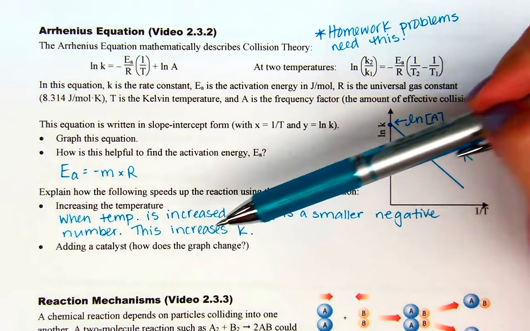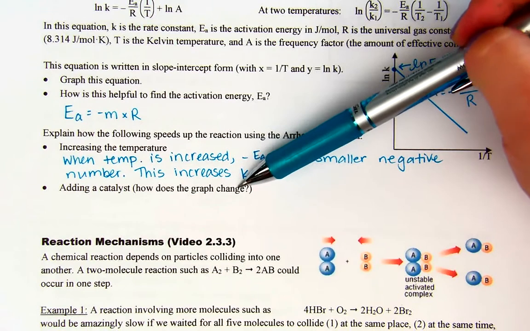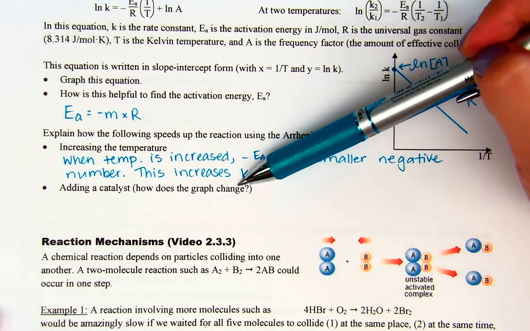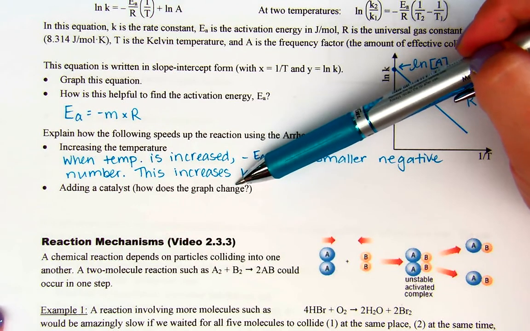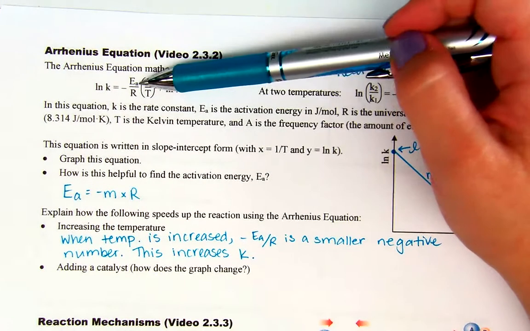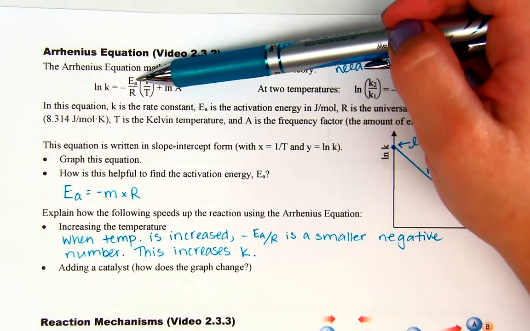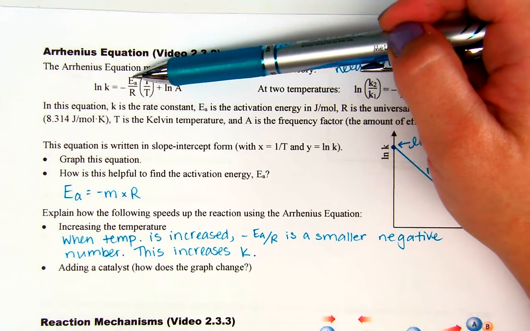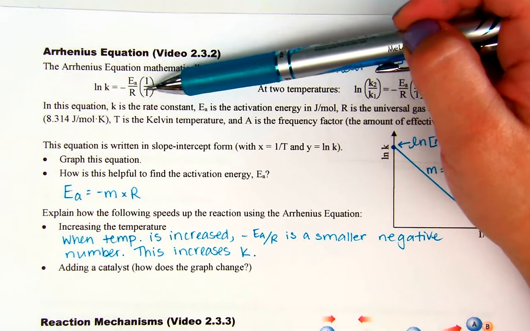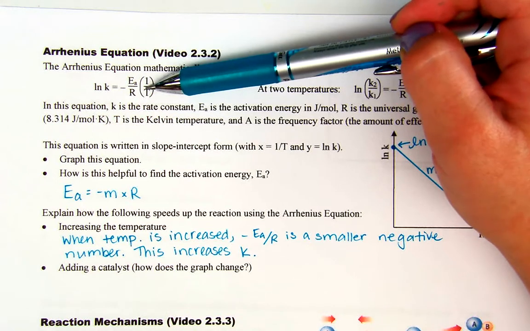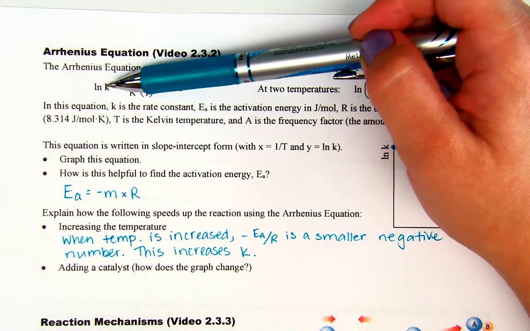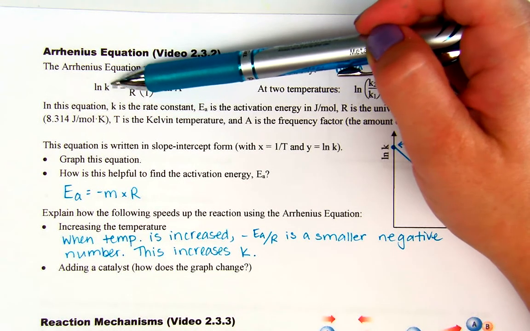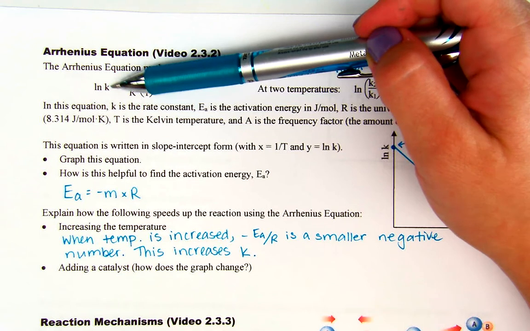Adding a catalyst is going to decrease the activation energy. So if we make this EA number smaller, negative EA over RT again is a smaller negative number. And if this whole term is a smaller negative number, again, that's going to increase our K. That's going to speed up our reaction if our K is bigger.